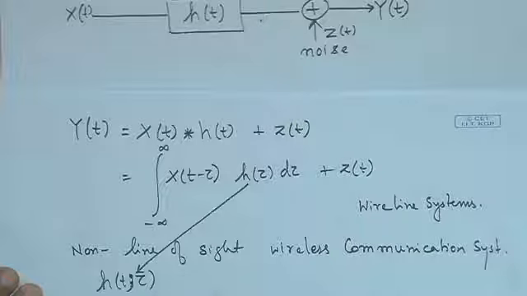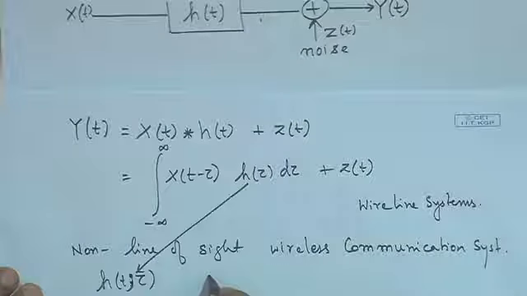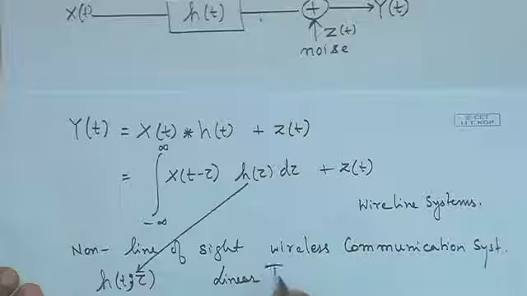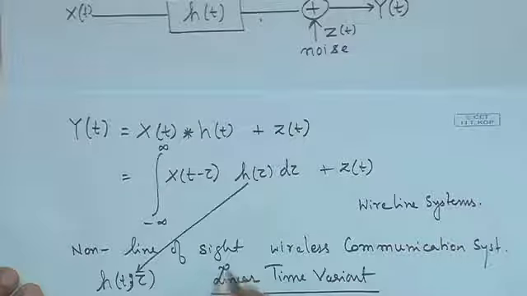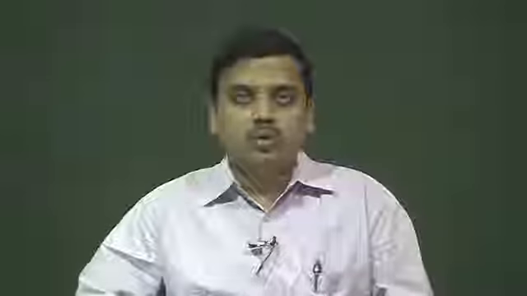What it means is that this model will be linear, but it will be time variant. Now, these systems we will not study in this particular course, but these are important to know because you will be using them in any course on wireless communications.